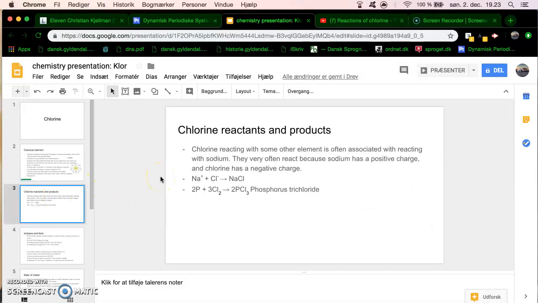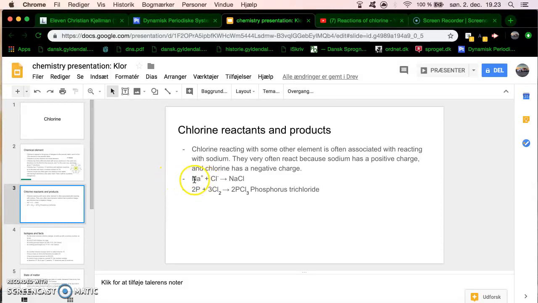Chlorine reactants and products. Okay, so chlorine reacting with some other element is often associated with reacting with sodium. They very often react because sodium has a positive charge and chlorine has a negative charge.